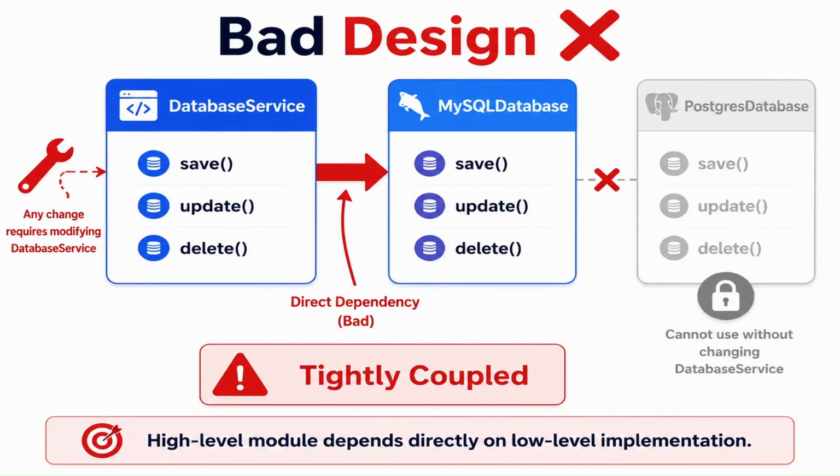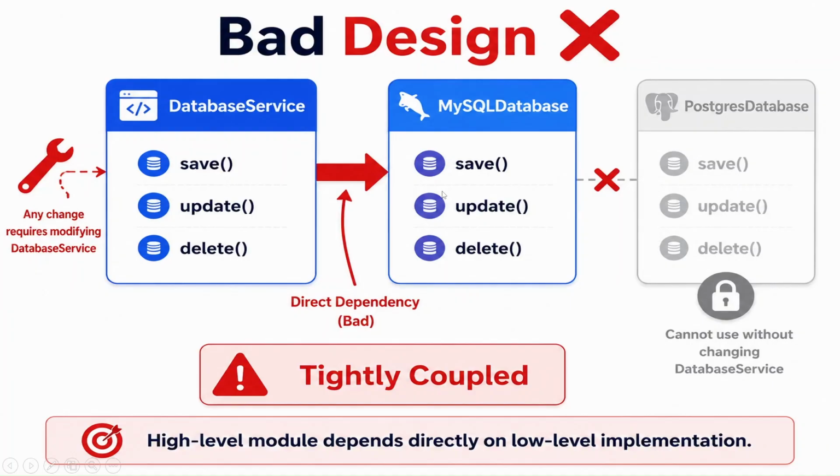This definition will get clear when we see the good design example. But now let's focus on the bad design first. What are the cons when we do not follow the dependency inversion principle? Let's take the same example.